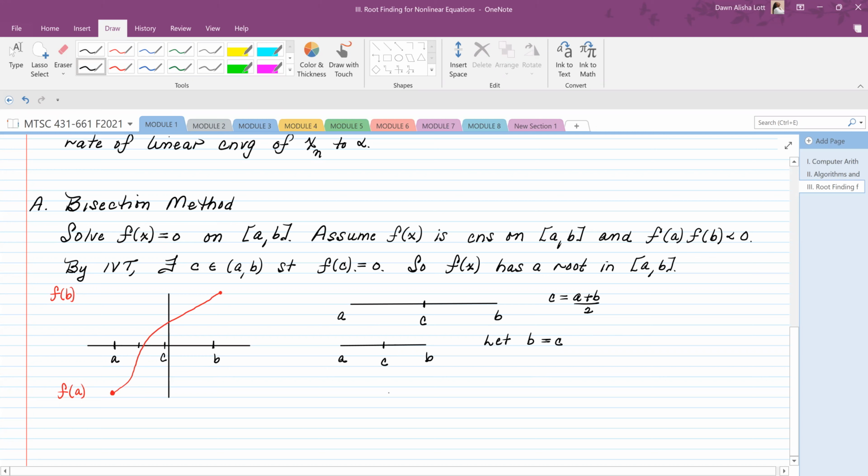This time I find out that my root is between C and B. So now I'm going to let A be C. And I will keep doing this until eventually A, B and C are almost the same number.